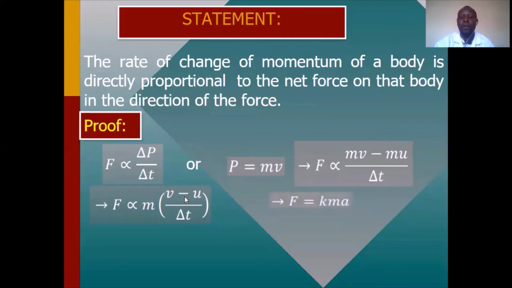Finally, the force is equal to the coefficient of proportionality k times mass times acceleration. K is the coefficient of proportionality because the force is directly proportional to the acceleration, and the coefficient of proportionality between them is K. K is defined as the force divided by mass times acceleration, that is equal to 1.